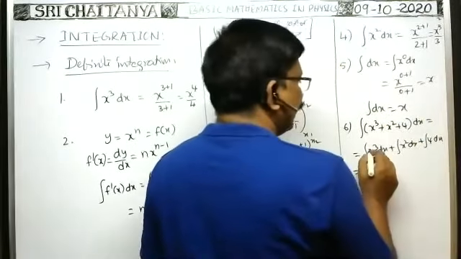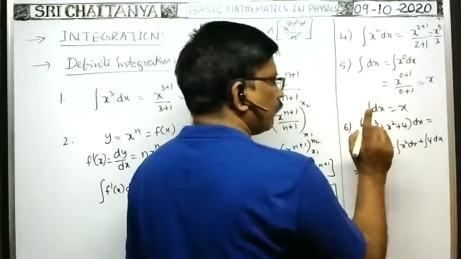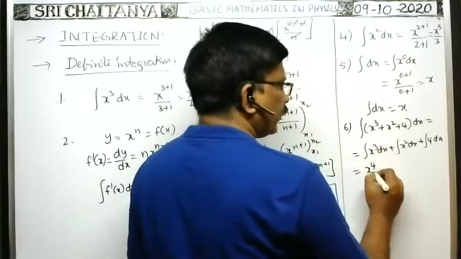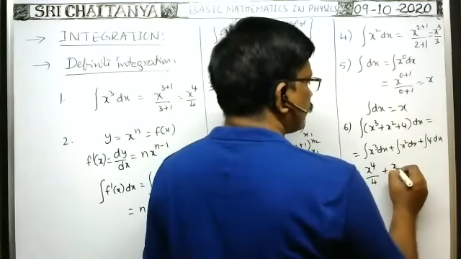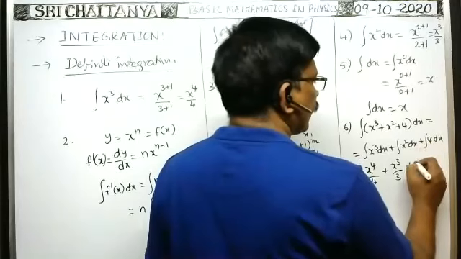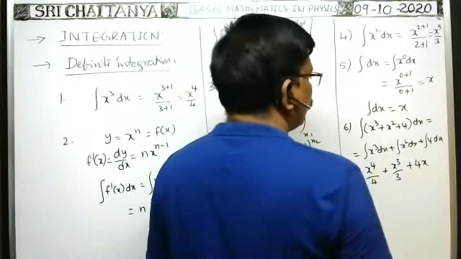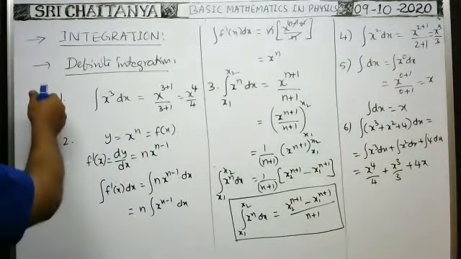Now tell me, integral x cube dx means the power must be raised by 1. So 3 plus 1 means 4 by whatever the power you get here, we are writing in the denominator, plus integral x square dx means x cube by 3, plus integral 4 into dx. 4 is the constant, you write it outside. Integral dx means x only, no, so x. This is the integration of this one. In this way you have to write.